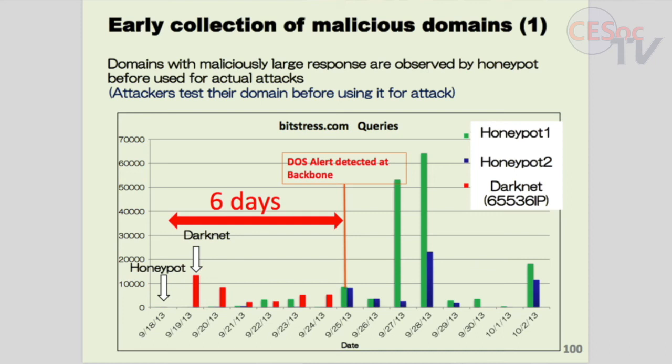And using honeypot or darknet, we can observe this kind of DDoS behavior. But in the middle, DDoS alerts are detected in the backbone by the ISP, Internet Service Provider. So we can detect maybe 6 days earlier in this case.